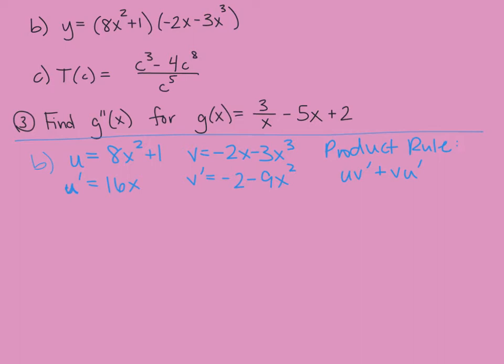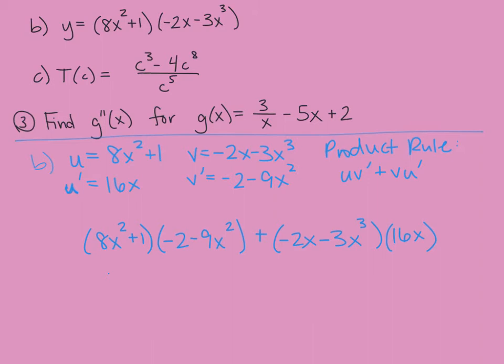So writing this all out, we will have u times v prime, which is 8x squared plus 1, times v prime, negative 2 minus 9x squared, plus vu prime. V is negative 2x minus 3x cubed, and u prime is 16x.